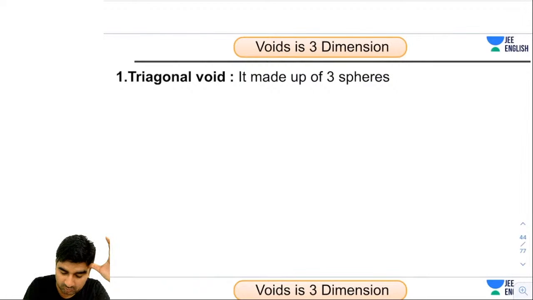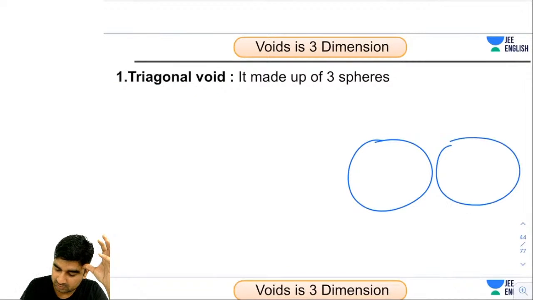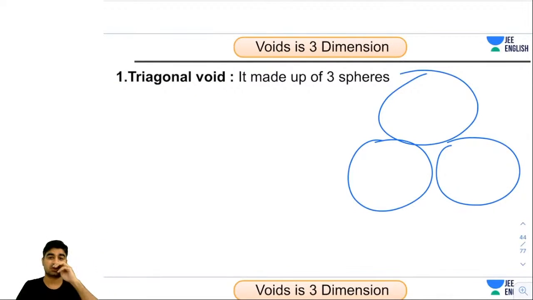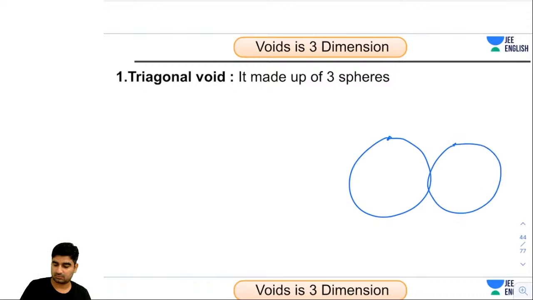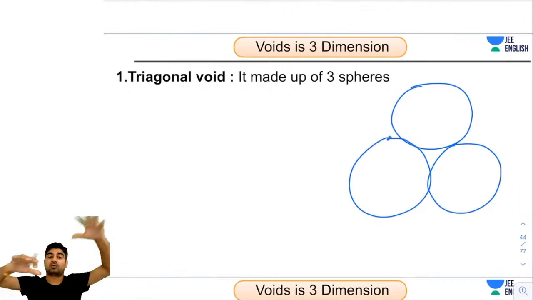So when I'm talking about trigonal void, how it would look like? 1, 2 and 3. So guys, it is like you are arranging footballs in your room.